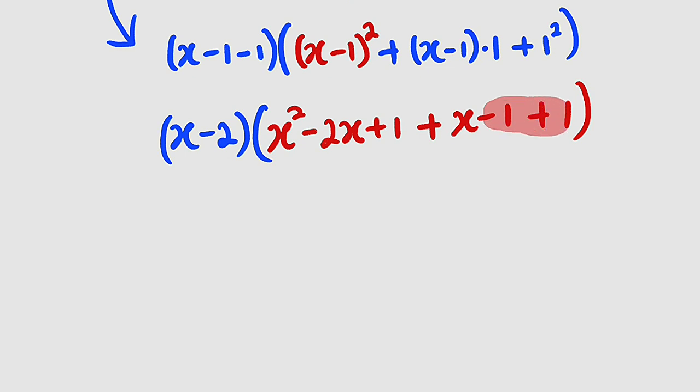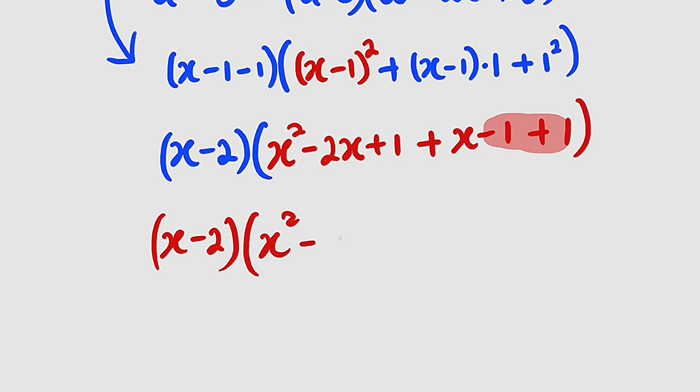And we have x - 2 here multiplied by x^2 - 2x + x, which will give us negative x. Then plus 1. The whole of this is equal to 0. Remember to equate this to 0.